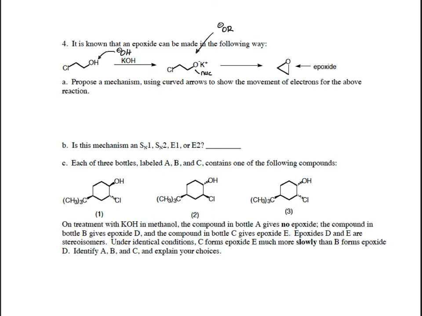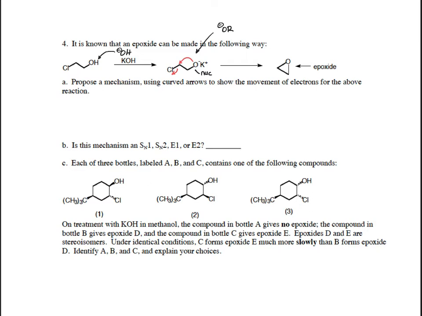You have an alkyl group, a carbon, connected to an O with a minus charge. So it's a nucleophile, and it is going to attack something that has a leaving group, so it can do a backside attack because it's set up exactly opposite the chlorine, and it will kick out that chlorine, and then you've made an epoxide.